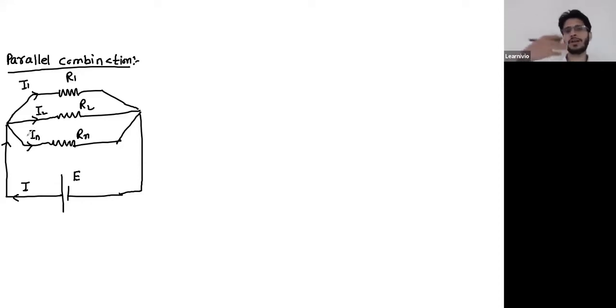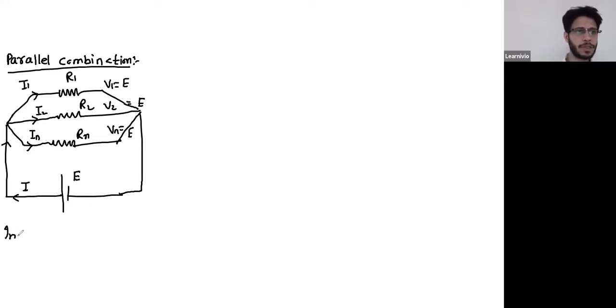So current gets divided into n parts. Voltage across each is same. Voltage across R1 is E, R2 is E, Rn is E. Same voltage across each resistor. So I should better write this as V1 is E, V2 is E, Vn is E. So that's how we calculate voltage across each resistor.